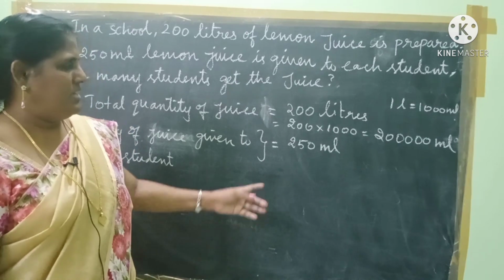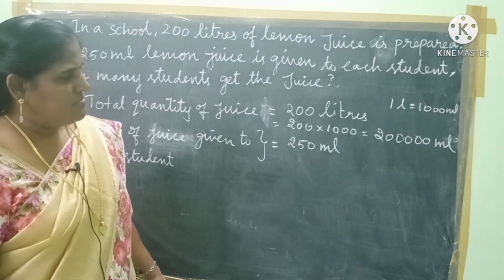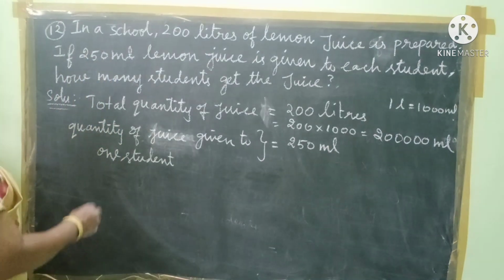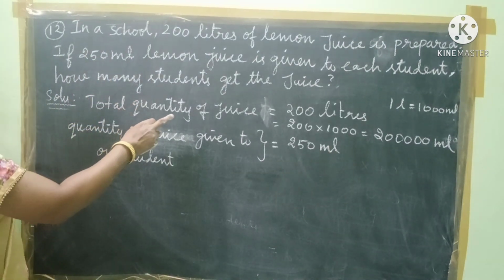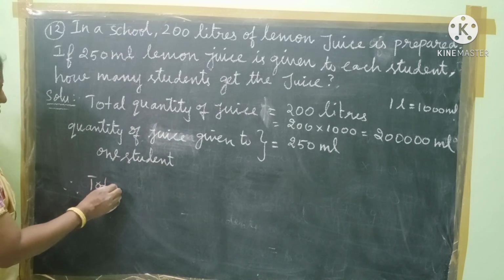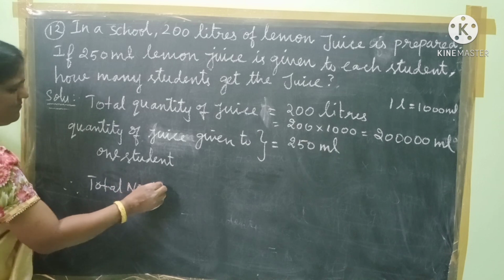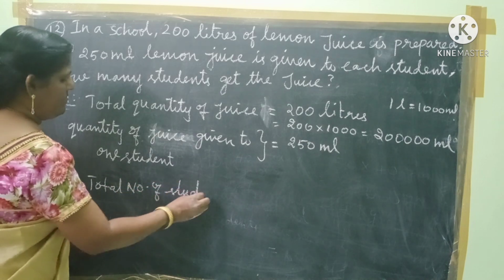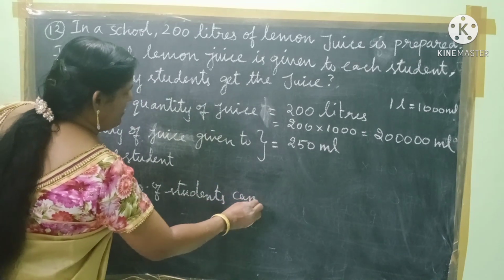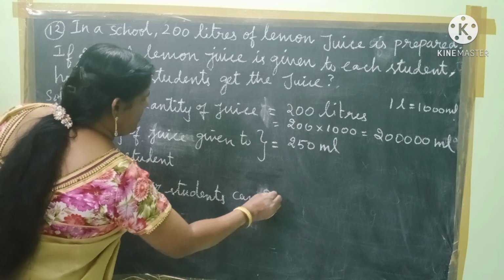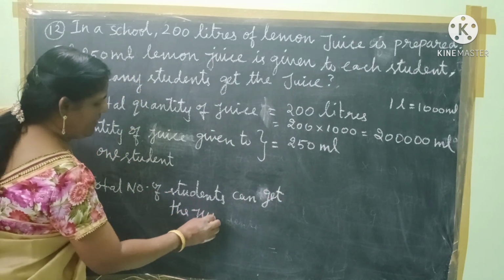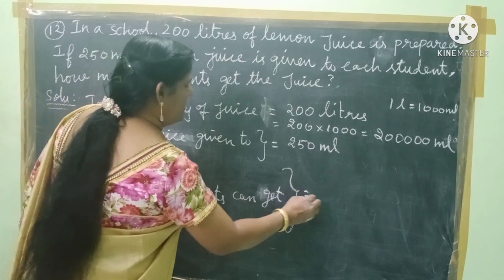Okay, so next, what are they asking? How many students can get the juice? Therefore the total number of students that can get the juice is equal to, how to find out the answer?